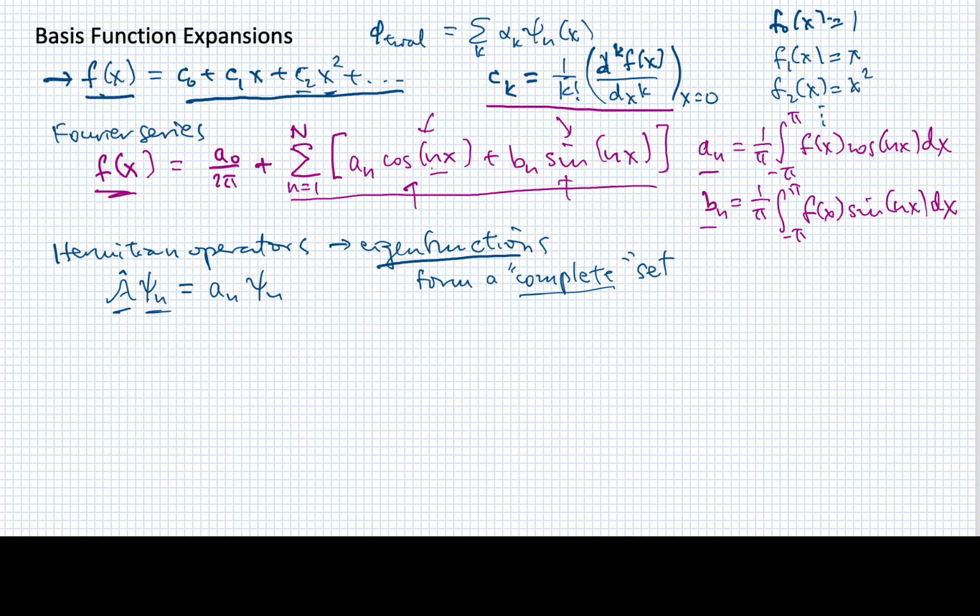All right, so one of the reasons that it's especially useful to use eigenfunctions of a Hermitian operator is because we know that, for example, their overlap is going to be 0 if m does not equal n. And if we normalize these functions, it will equal 1 if m equals n.